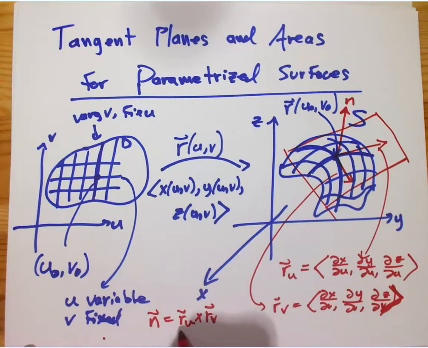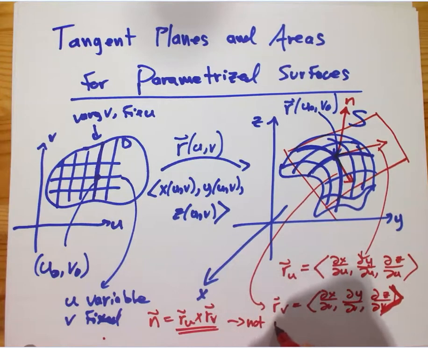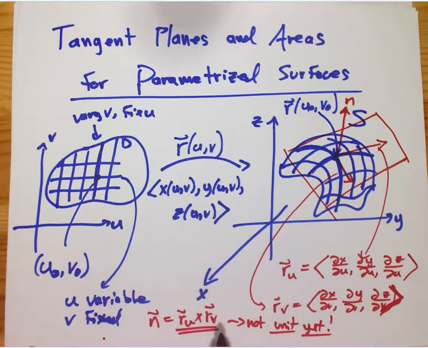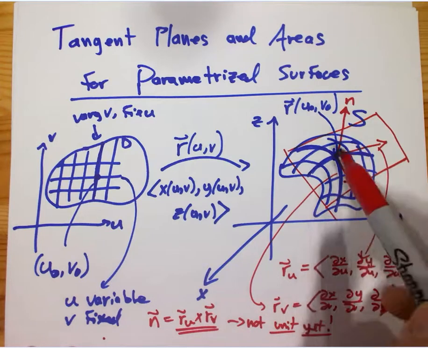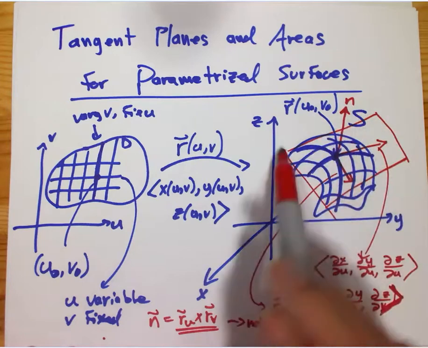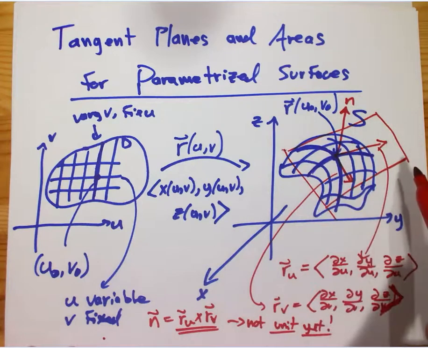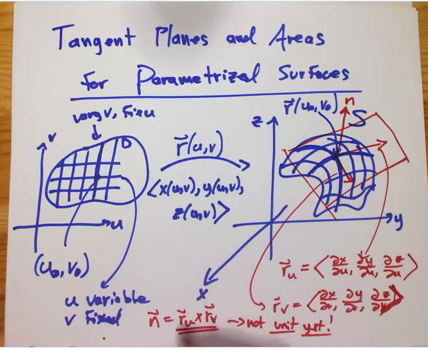And this is not yet normalized. It's not unit length yet. And in some cases, we're going to need to divide this by its magnitude to get a unit normal vector. Often, though, it's actually not that necessary to do that. And if all you care about is saying, hey, what's the normal vector to this tangent plane so I can get the equation of the tangent plane, all that kind of stuff, then this is perfectly great.